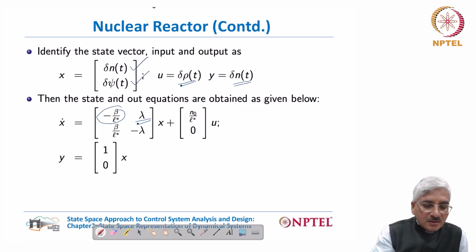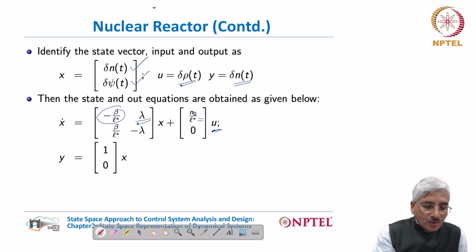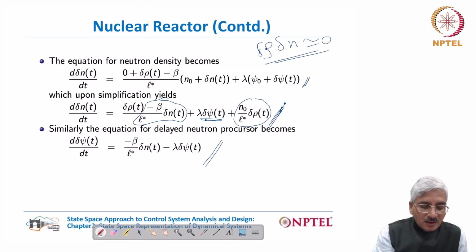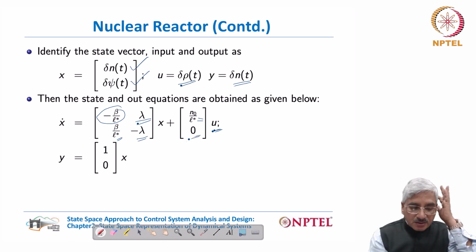So that comes here. And the second equation is for the delayed neutron precursor. dΔψ by dt is β by L into Δn, so β by L comes here, and minus λ times Δψ, so λ comes here with the minus sign. And it doesn't contain the input term, so that term in the input matrix is 0.